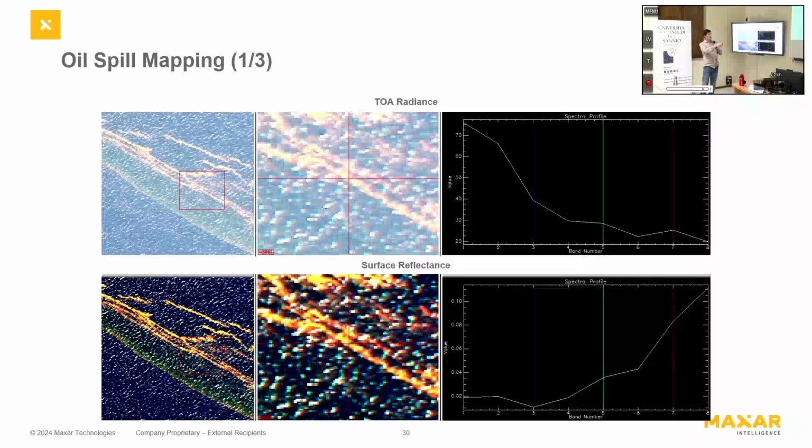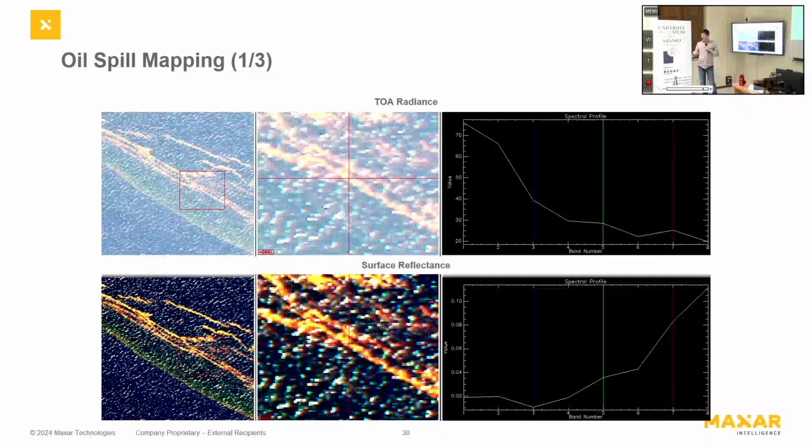Exactly, because the atmosphere is blue. This is TOA, right? So you have a lot of atmosphere, and the signal of the atmosphere is much higher than the signal of the oil. And so if you do not remove the effects of the atmosphere, you cannot measure this point accurately.